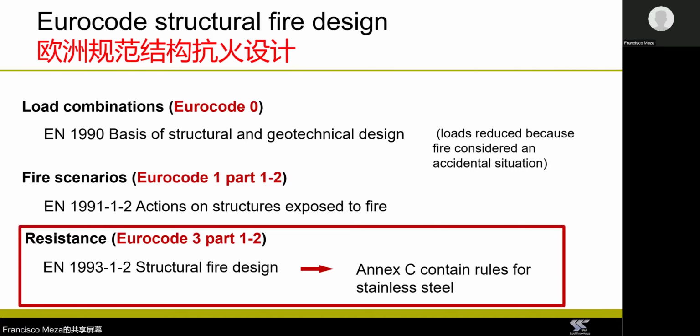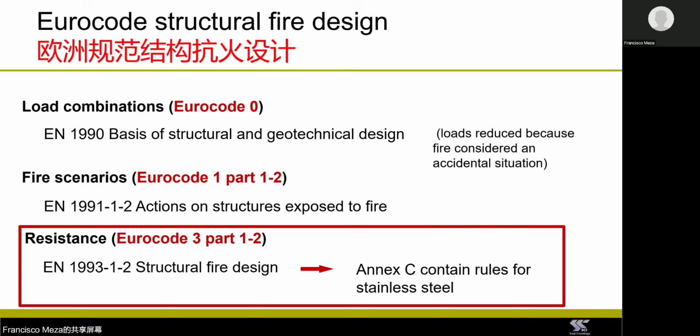In this presentation, I'm only going to focus on the calculation of the resistance in fire. As I just mentioned, this resistance is a reduced resistance compared to that at ambient temperature, because as the temperature in the steel increases, the steel loses its strength.